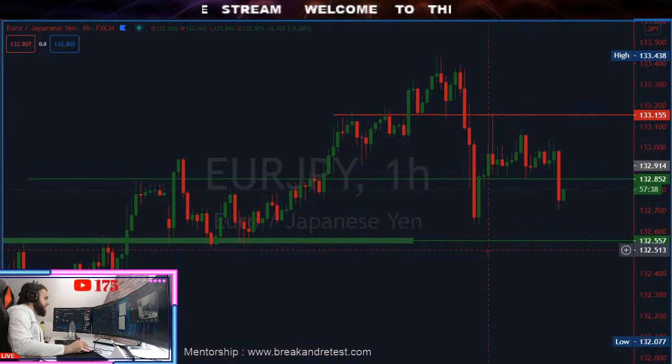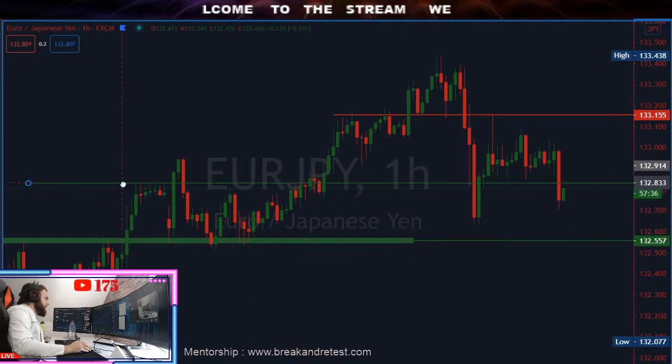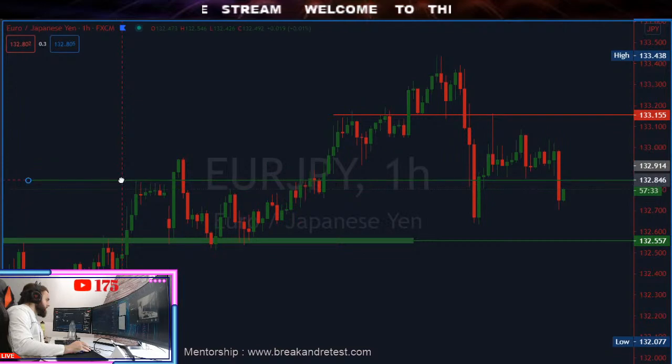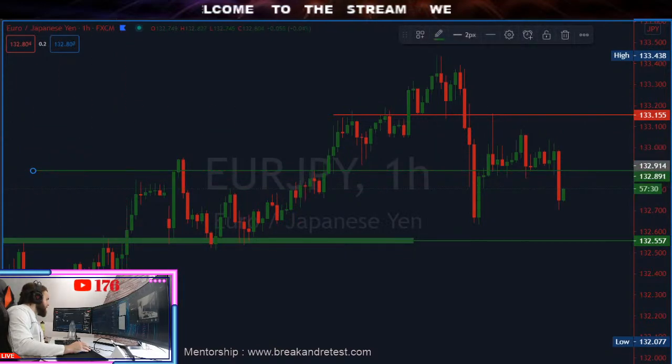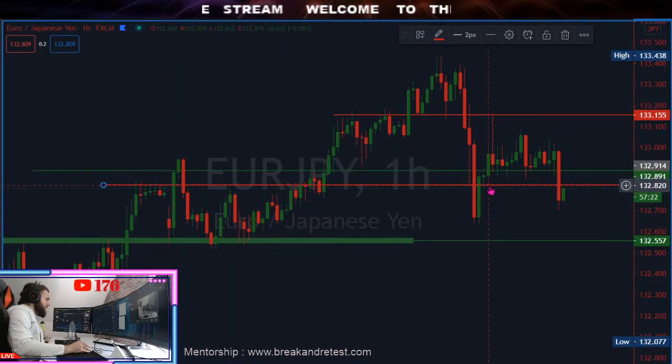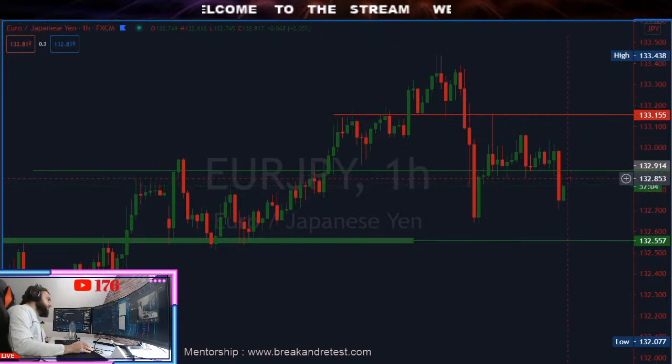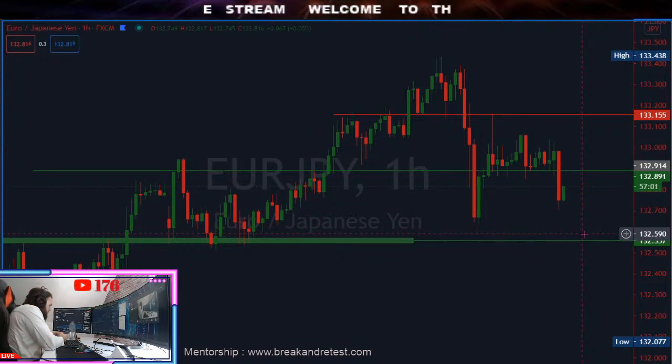To take a trade on EJ, we're gonna need to enter in the middle of these two zones. It's already at the zone on the left, 820, but it needs to come higher, 840, 850, because at 900 we have the previous support. So coming all the way up here would cause us a slight small drawdown, which we don't want. So we're gonna wait for EJ to push higher so we can take it.